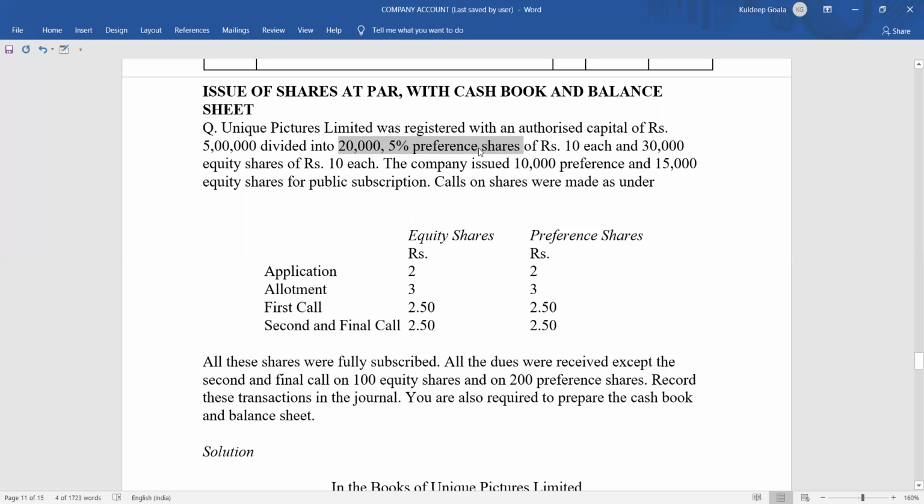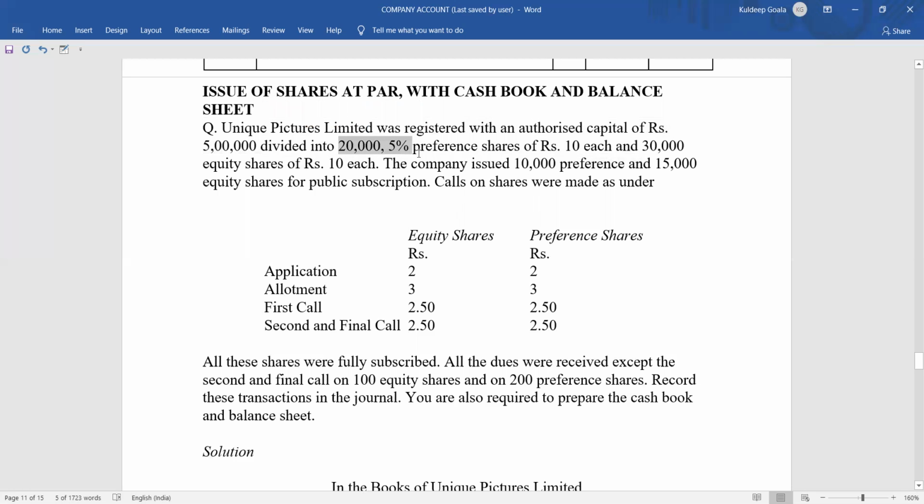The face value of the share is rupees 10 per share. And there are 30,000 equity shares of 10 each. There are two combinations: one is the preference share, the other one is equity shares. Let's see once again. Unique Pictures Limited was registered with an authorized capital of 5 lakh, and it was divided into two parts.